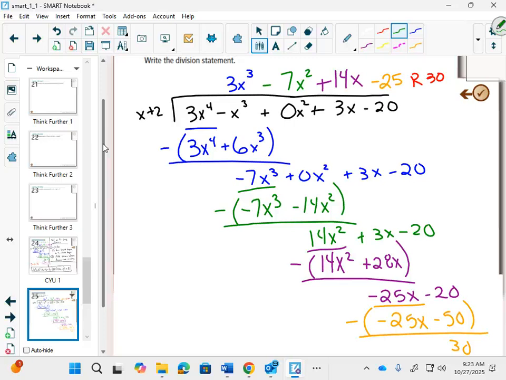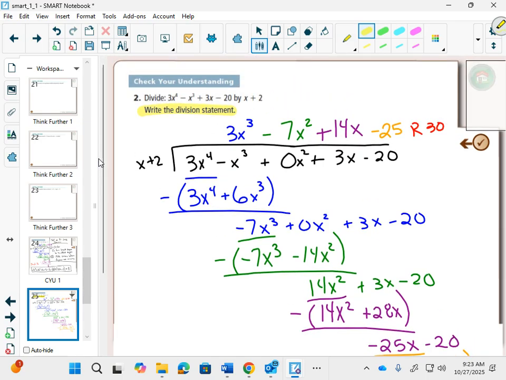And the question says that we have to write the division statement. So first of all, I'm going to give you a little shortcut for writing the division statement.